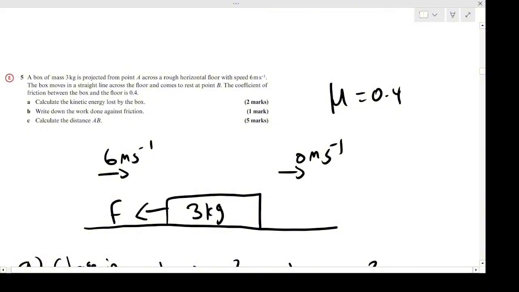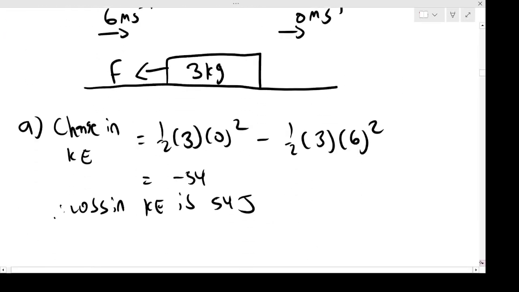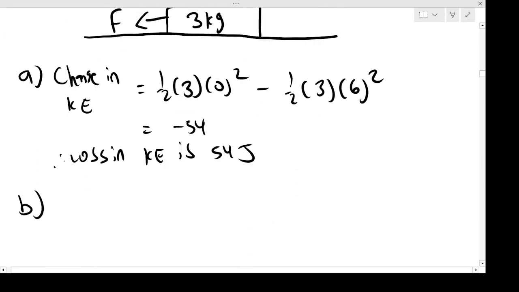Okay, and so then in part B, it's asking again, very similarly, to write down the work done against friction. So again, if we were to just use the standard formula we saw previously, the work done by friction or against friction, whatever, is pretty much the same computationally.